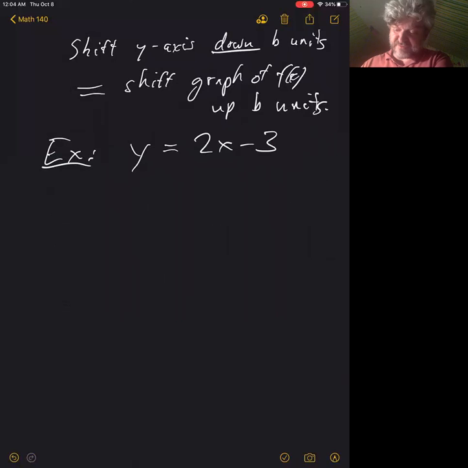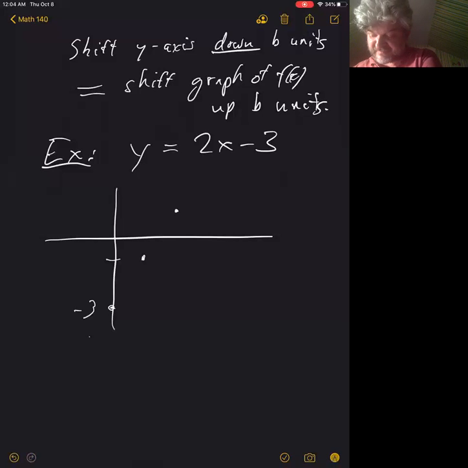Look at the graph of that one. When x is 0, that's negative 3. When x is 1, it's negative 1. When x is 2, it's positive 1. And the whole graph is a straight line. It's not a complicated example.